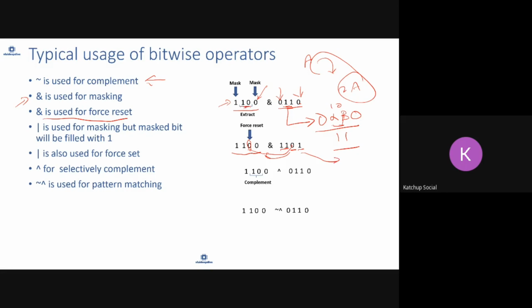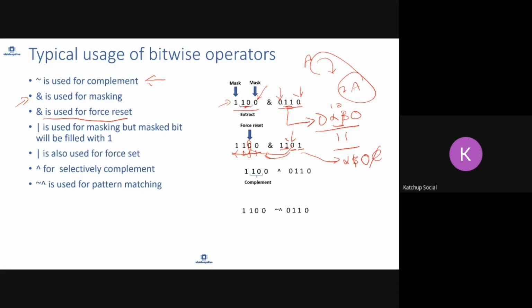Let's say this was alpha, this was beta, this was gamma, this was theta. Alpha and beta will stay the same, this will become 0, and whichever bit you marked as 0 will become 0. So it will force those bits of the bus to become 0.